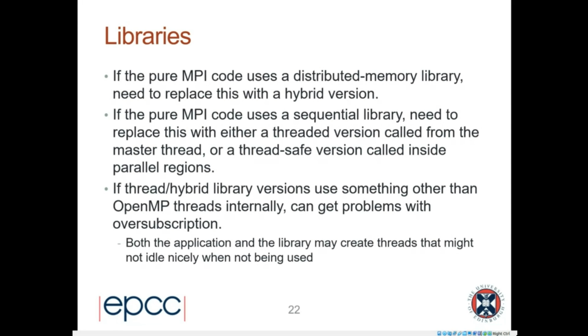So we'll say we have 128 CPU cores on ARCHER2, we might run 16 MPI processes, but each of those will have 8 threads, giving us a full 128 CPU cores. The problem is, if you call a library from MPI, it might not be threaded, in which case you're undersubscribing the library. Or worse than that, if you call it in a threaded version, the library may create its own threads. You end up with too many. So if you're using libraries, it does become quite difficult.